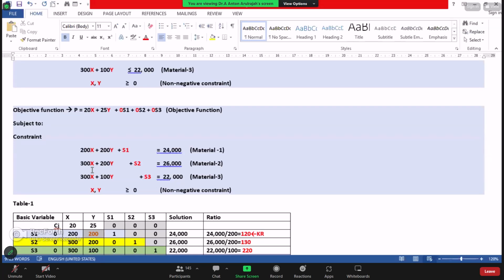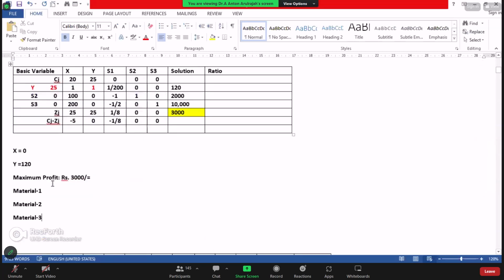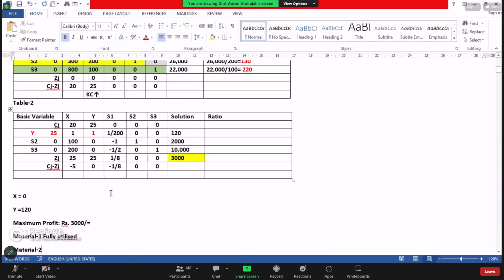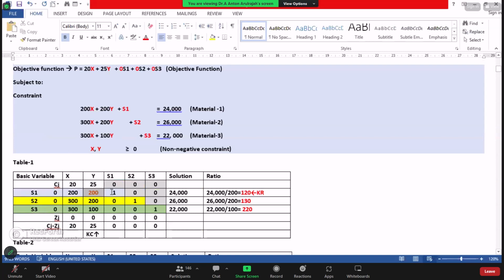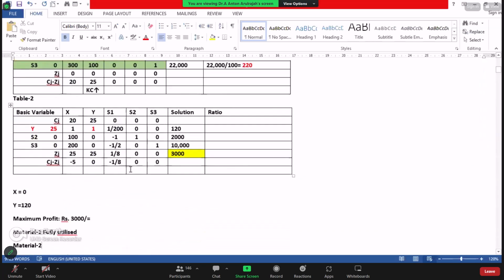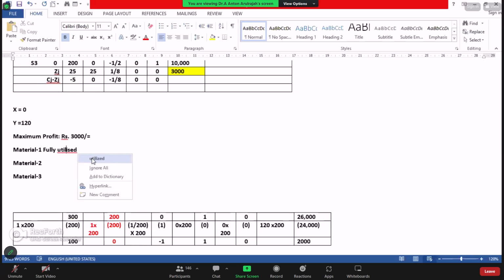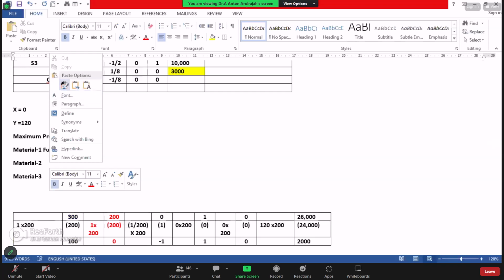That is, material 1 is fully utilized. Material 2 is 200 into 120. That is also fully utilized.